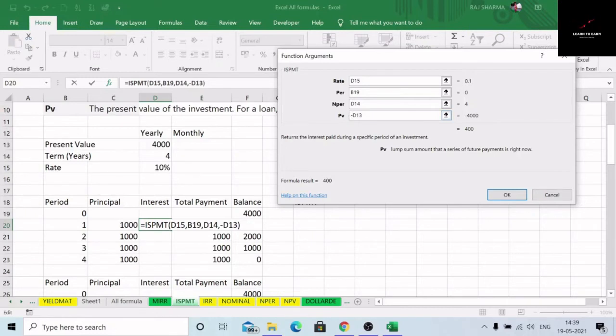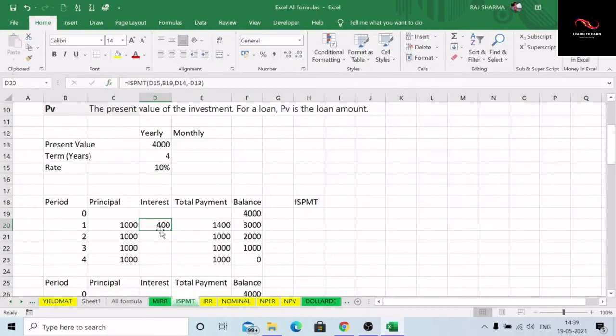If we keep the initial loan positive, we will get the interest in negative. Once we press OK, we find that for the first period, 0 to 1 year, the interest charged on this outstanding at 10% is 400.